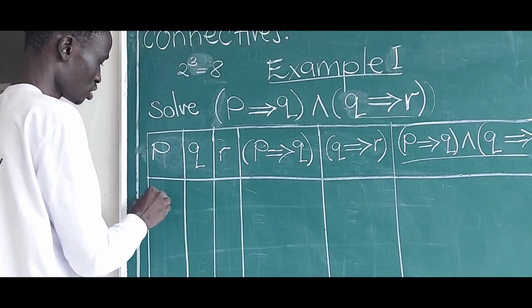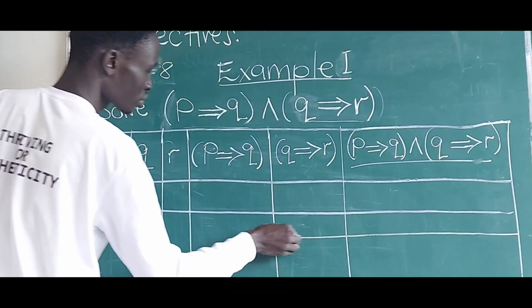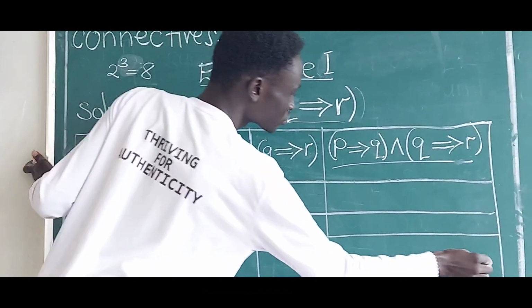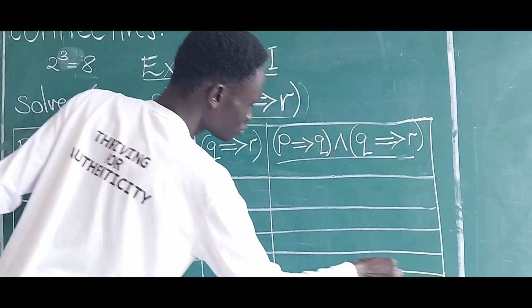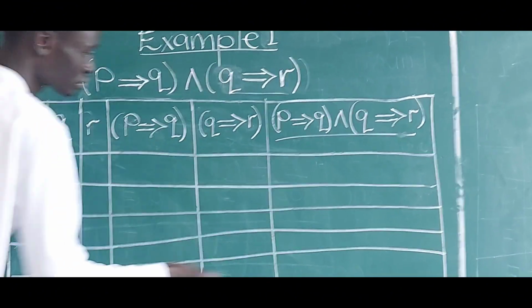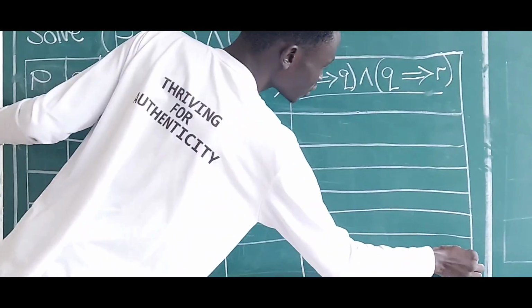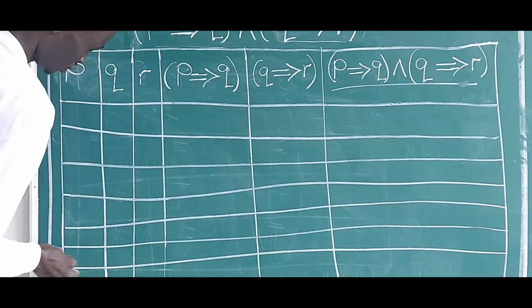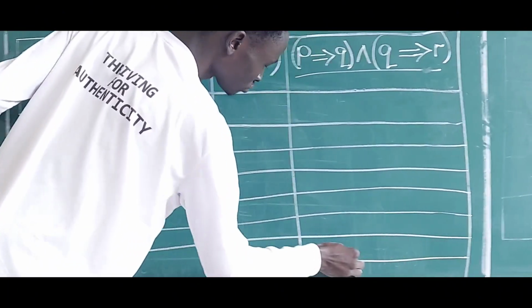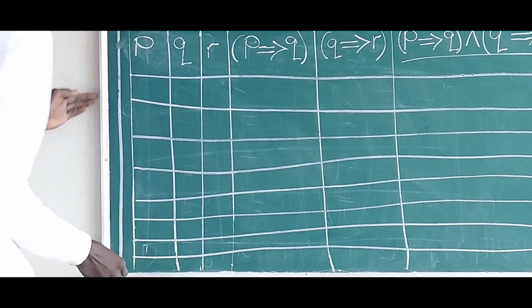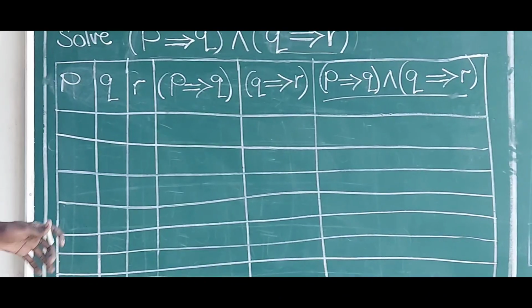Let us draw now: 1, 2, 3, 4, 5, 6, 7, 8. So we have 8.